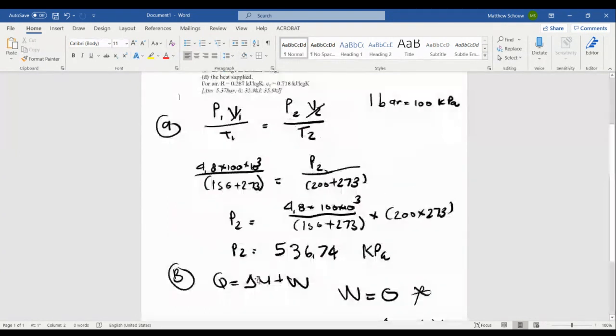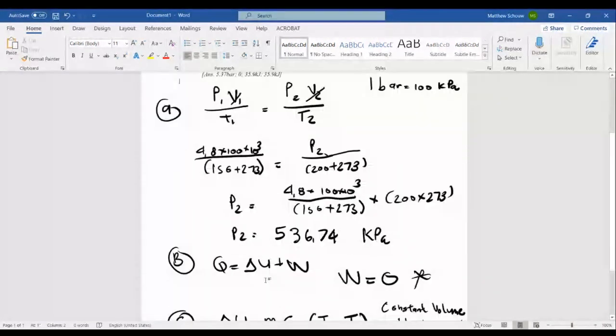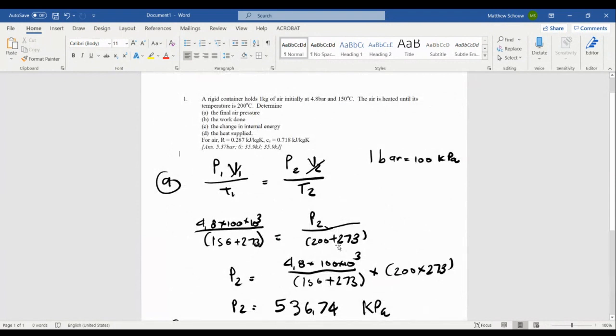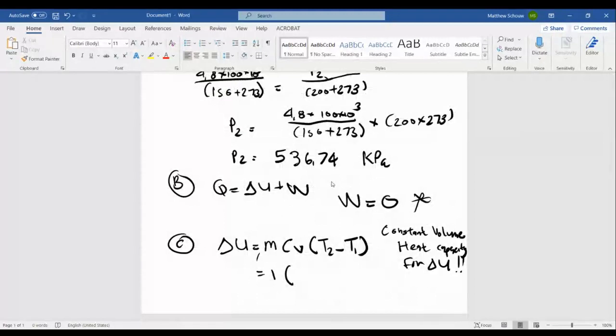So in this case, we had 1 kilogram of air, as stated. CV in this case would be 0.718 kilojoules, or 718 joules per kilogram Kelvin. And our change in temperature was 200 minus 150. Your temperature could either be in Kelvin or degrees Celsius. It should all work out to the same answer.